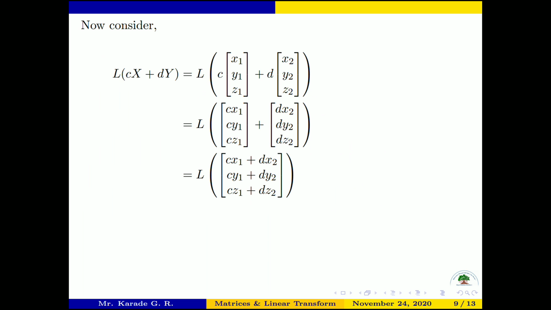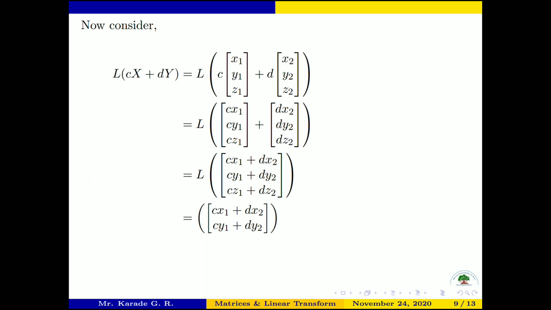By the definition of L we get a column matrix with two rows. The first row is cx1 plus dx2 and the second row is cy1 plus dy2.